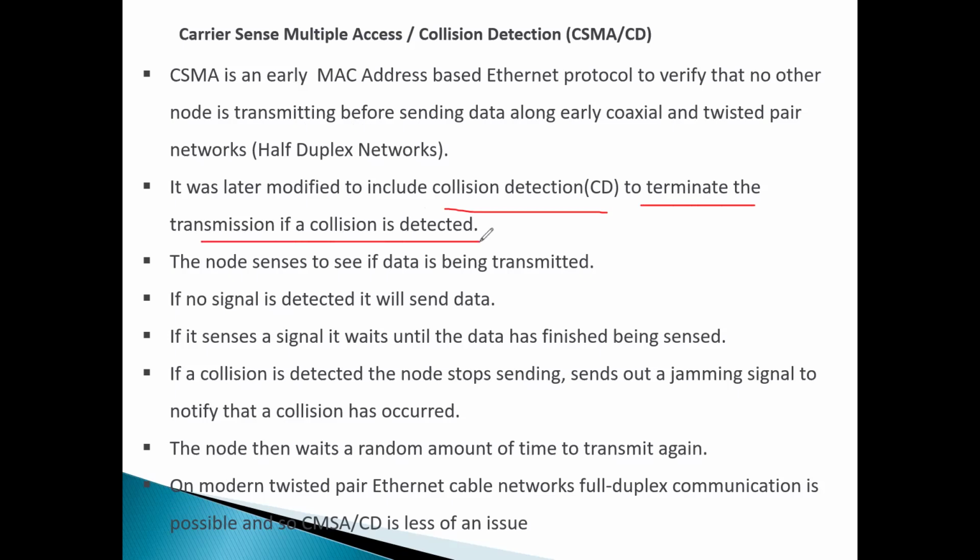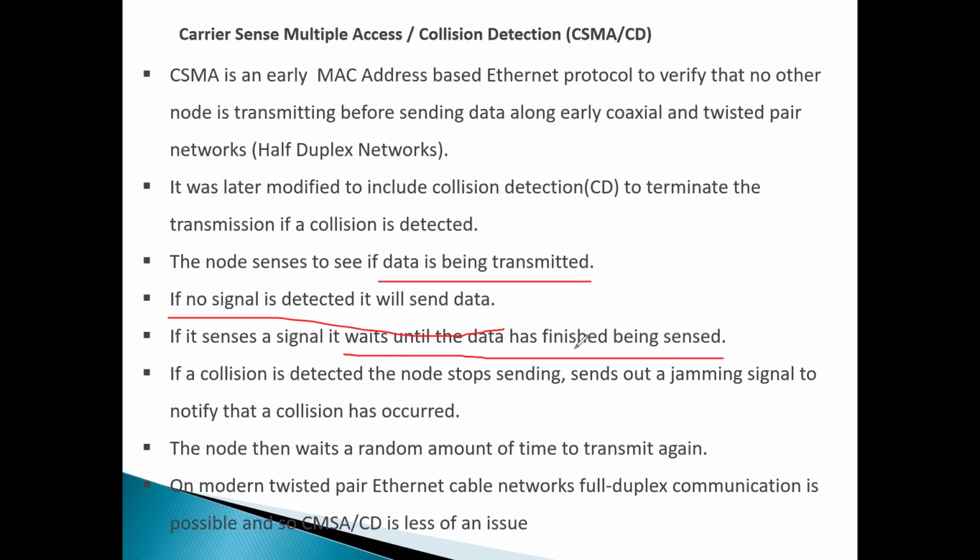Like if you are trying to send data and suddenly you sense that there is a network jam, you stop sending data. The node senses to see if data is being transmitted. If no signal is detected, it will send data. If it senses a signal, it waits until the data has finished being sent.